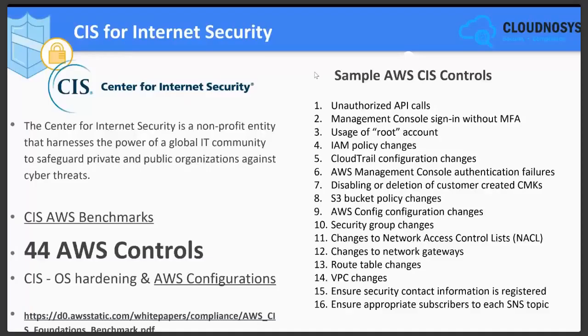So let's talk about CIS, and that's why we're here today. The Center for Internet Security is a nonprofit entity that was established by a consortium of public organizations, and the goal was to fight against cyber threats, the digital cyber threats.